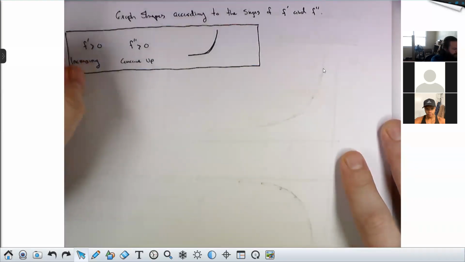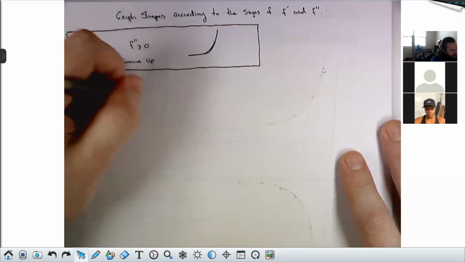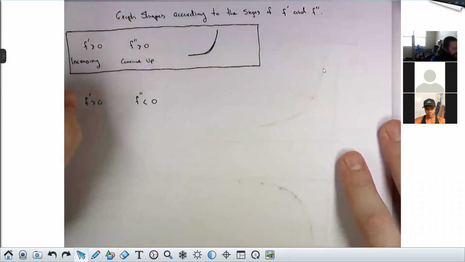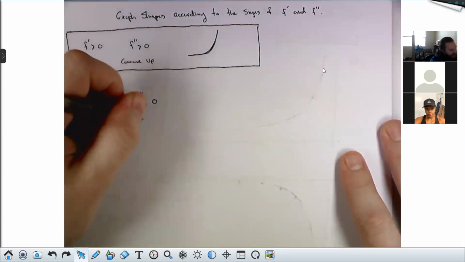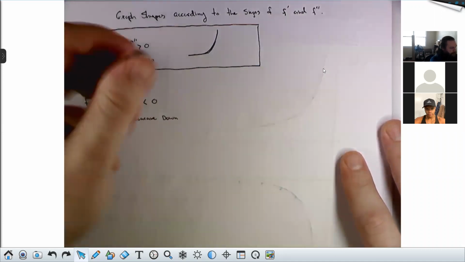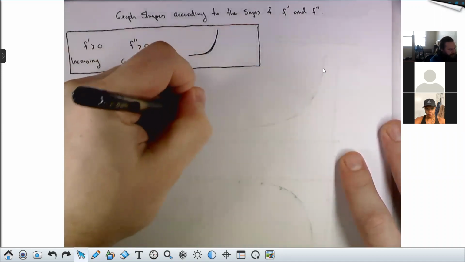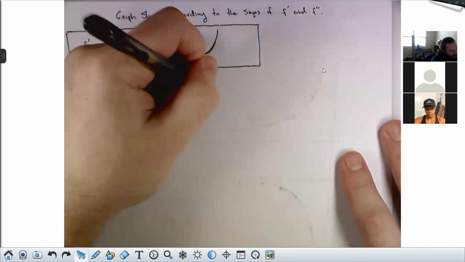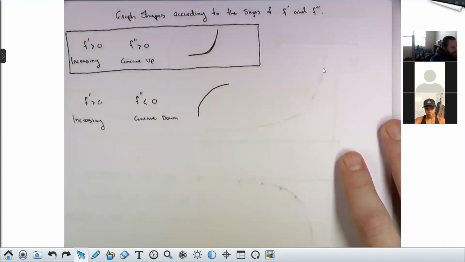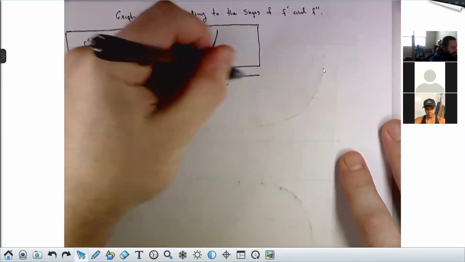It's possible also that f prime is positive, but f double prime is negative. This would mean we are increasing, but concave down. And that looks like this. We're increasing, but as we keep increasing and increasing, we're increasing less and less fast. So that's the sort of graph shape here.